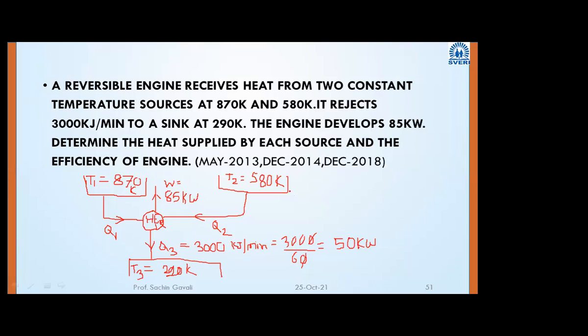Now, as the heat engine is reversible, therefore what can we say? For a reversible heat engine, what is our case?